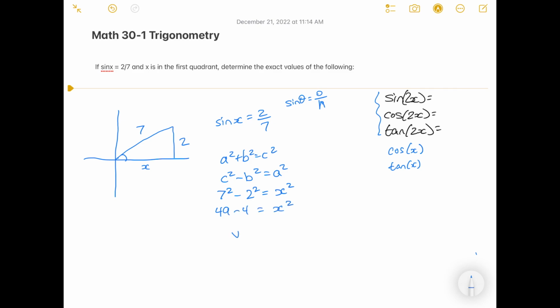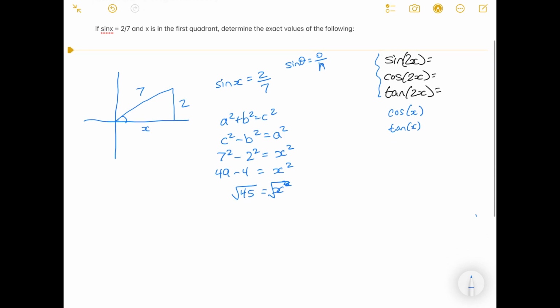Taking the square root, 49 minus 4 is 45, equals x squared. Sorry, that would just be x then. The square root of 45 doesn't work wonderfully. I get a decimal, like 6.7 something. So that equals x.